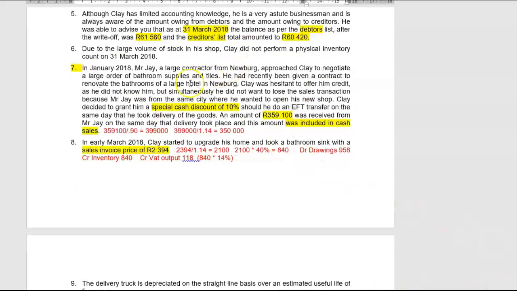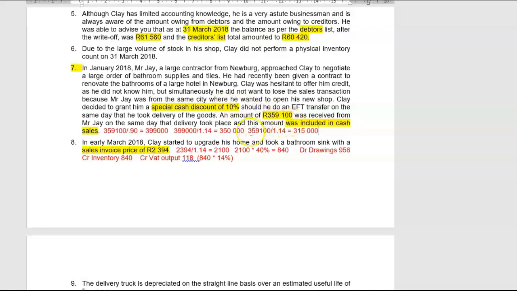Remember that special sale. So they said that the proceeds on these special sales was 359,100, divided by 1.14, which was 315,000 Rand.